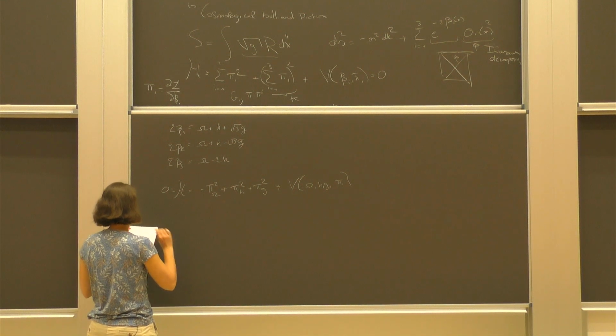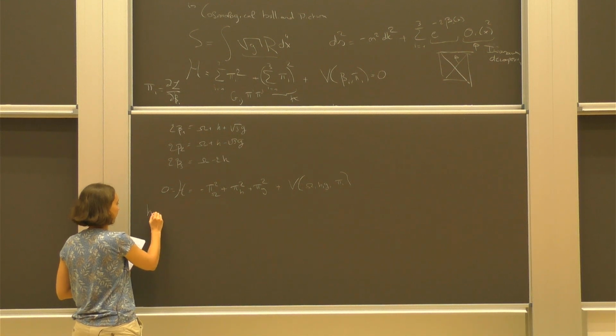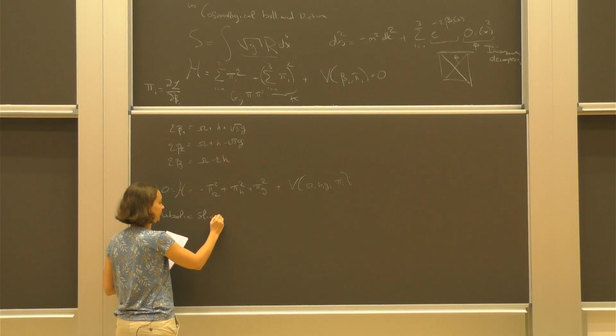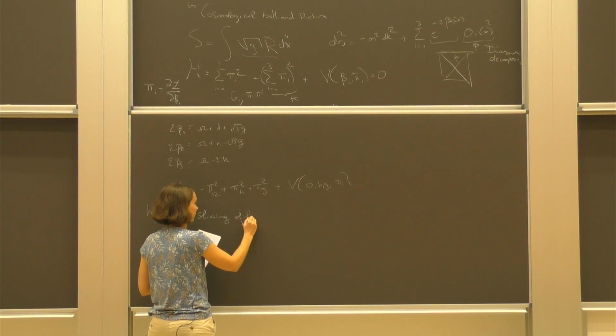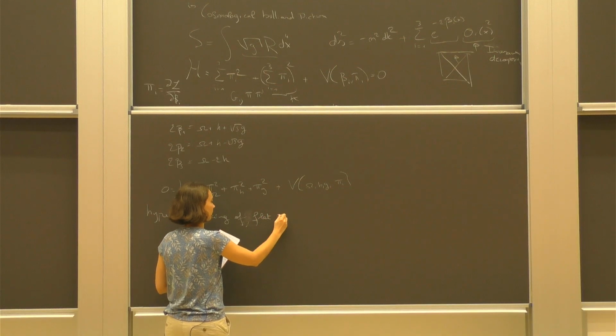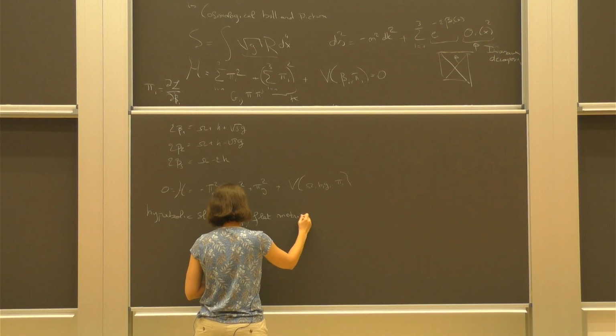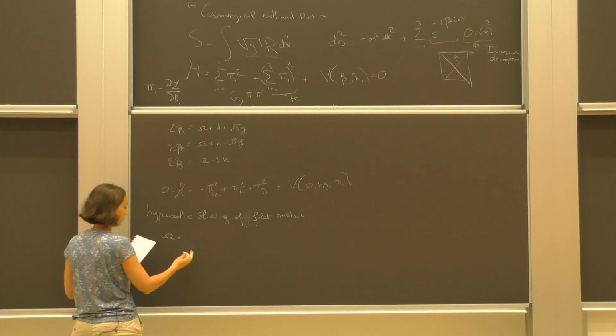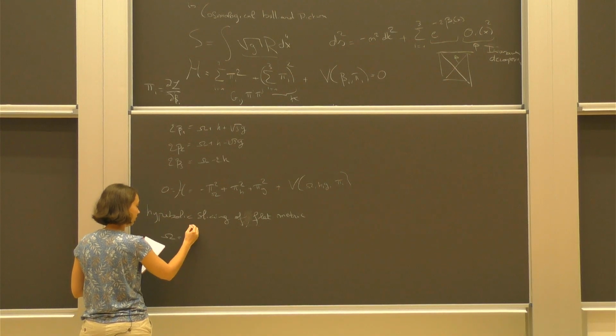Okay, so now we do this hyperbolic slicing of this flat metric. It looks something like this. So we just perform another coordinate transformation.